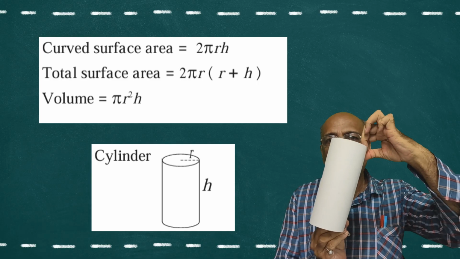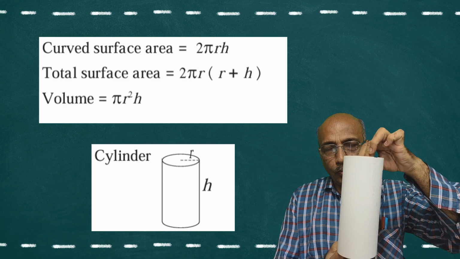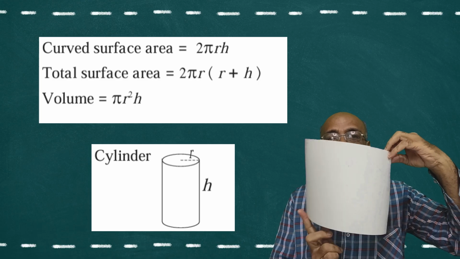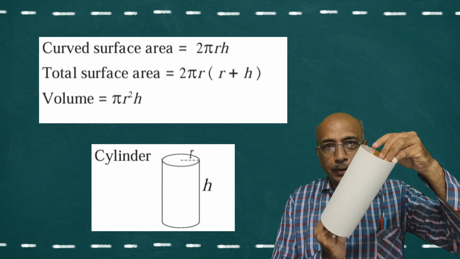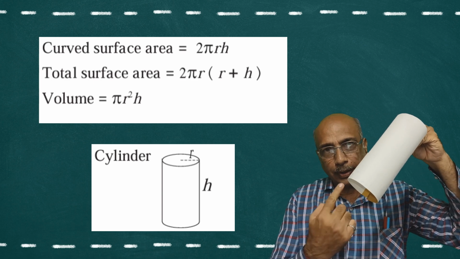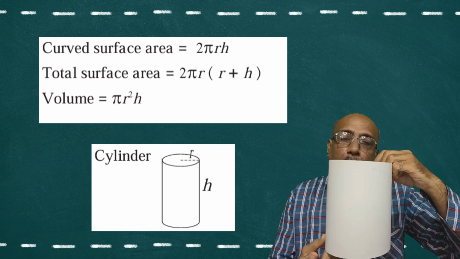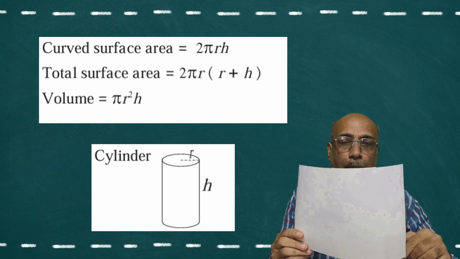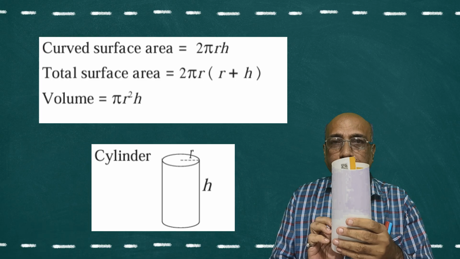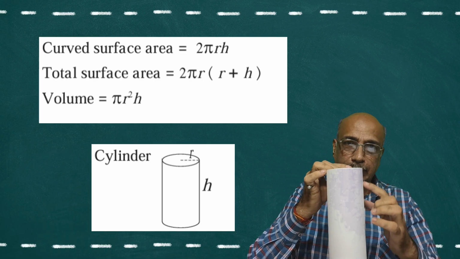A cylinder will be formed. So length is converted into circumference of the cylinder, circle, this circumference. And the breadth is converted into height of the cylinder.